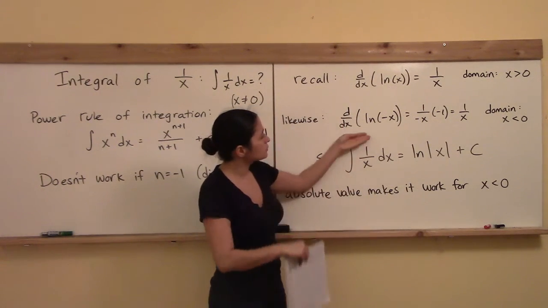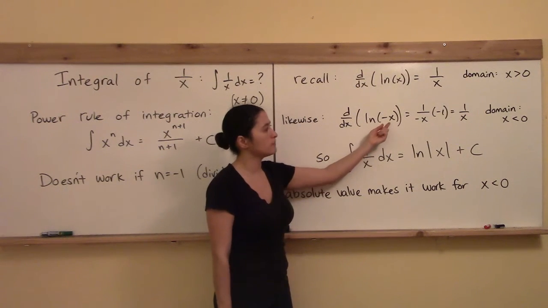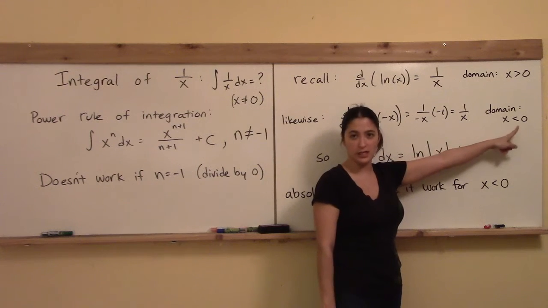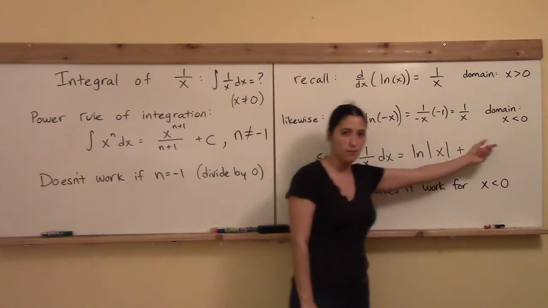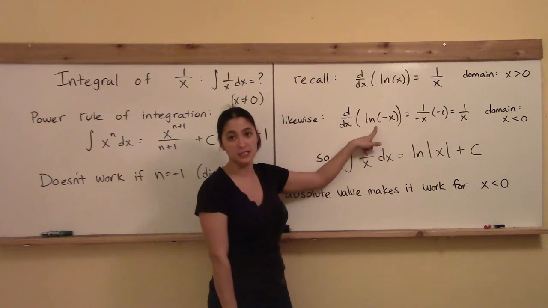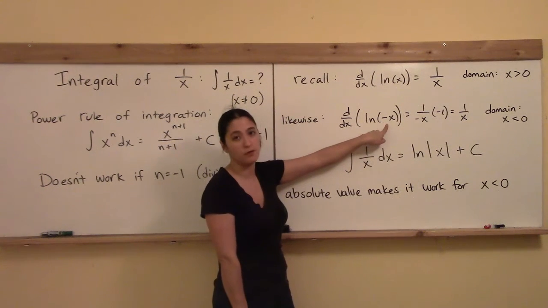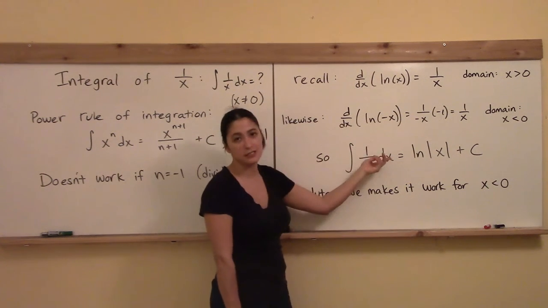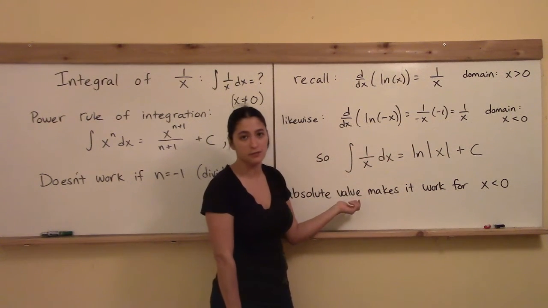Okay? Similarly, if I consider the log of the function minus x, where my new domain would be the negative numbers, then I can't take the log of x, but I could take the log of minus x because then it would be a positive number on the inside, right? If I take the derivative of this, that's going to be a chain rule. It's a composition of functions.